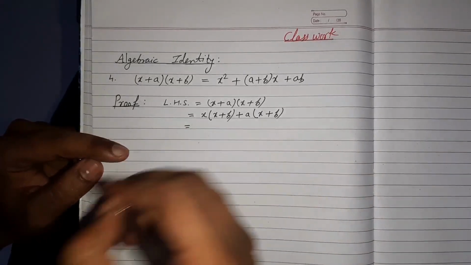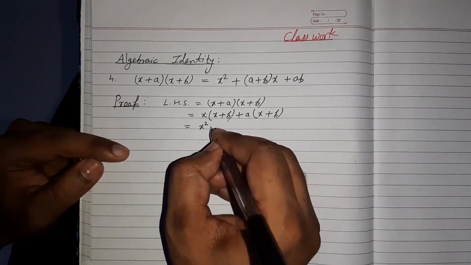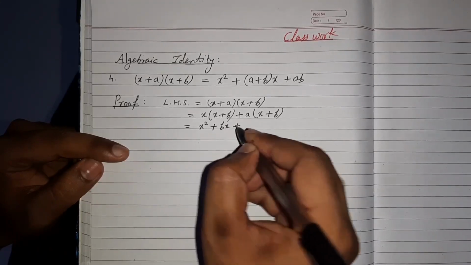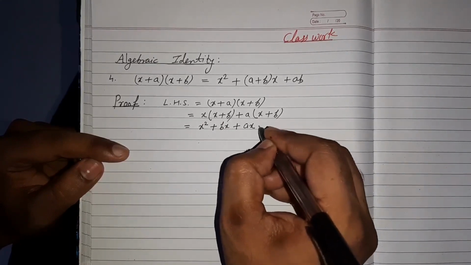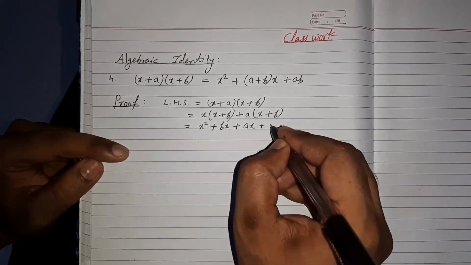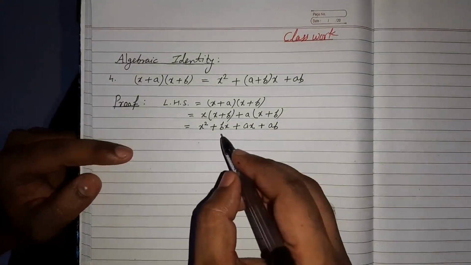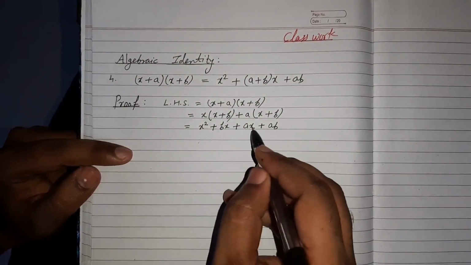Now we will simplify. x times x is x², plus x times b, bx, plus a times x, ax, plus a times b, ab. Now see the second and third terms, x is common.